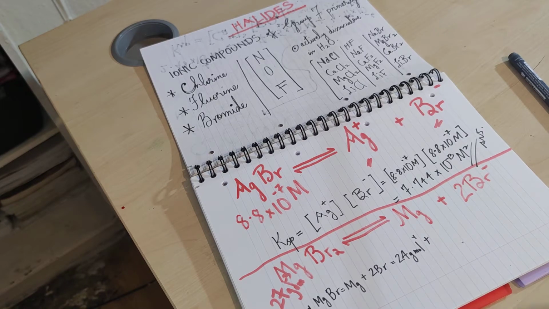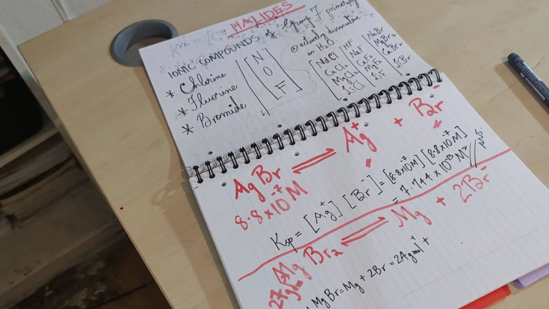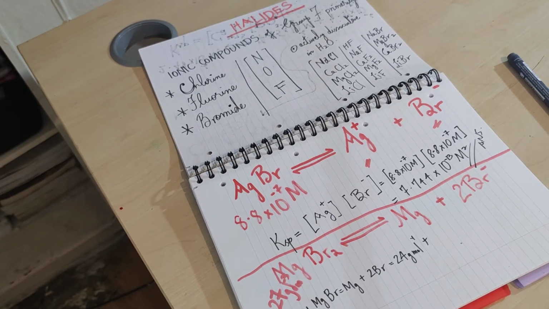And bromine would be 82, I think. Is it 82? More math. 80. So that'll be 80.